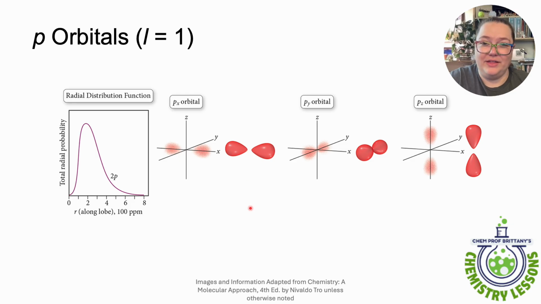It looks kind of like balloons tied together, but not quite, because of that space in the middle. So we have p sub x, p sub y, and p sub z.